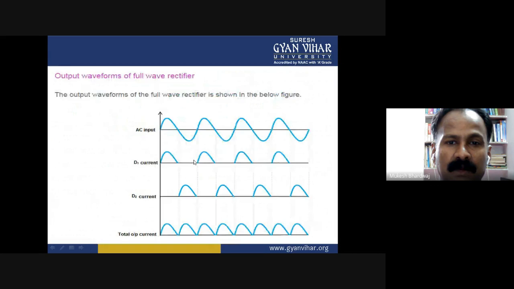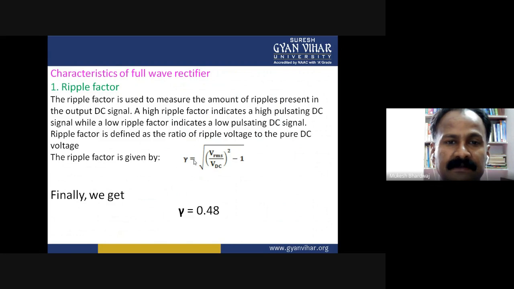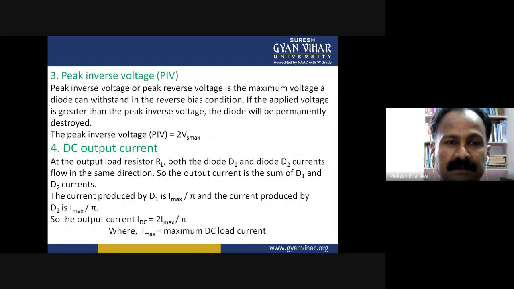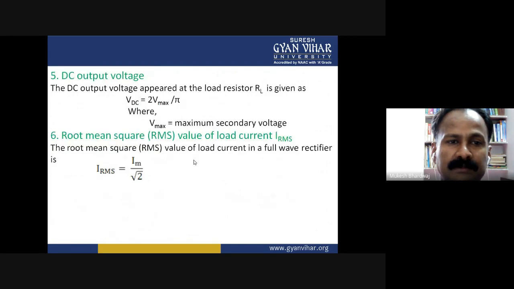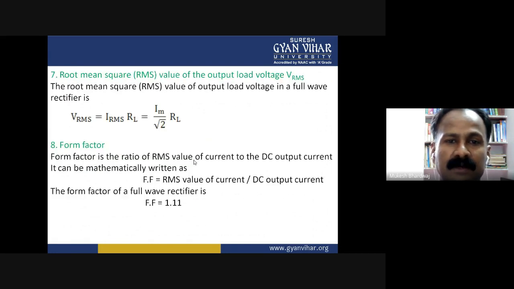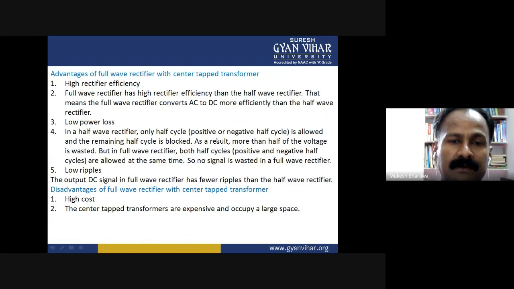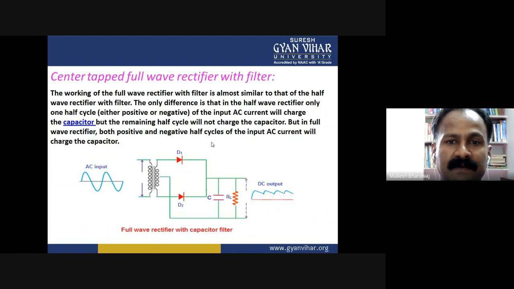After discussing the center tap full wave rectifier, its characteristics are the ripple factor, rectifier efficiency, peak inverse voltage, DC output current, DC output voltage, root mean square value of load current, that is IRMS, root mean square value of the output load voltage, that is VRMS, and the form factor. Then the advantages and disadvantages of the center tap transformer, and the center tap full wave rectifier with filter circuit, where we just want to remove the ripples.